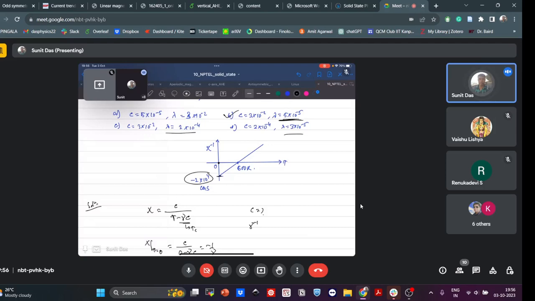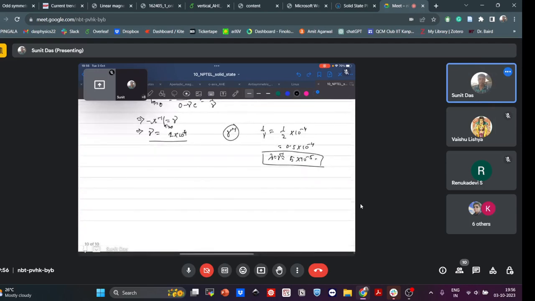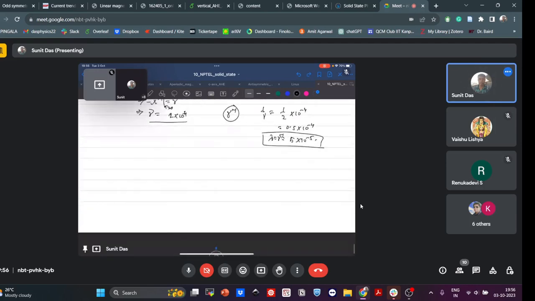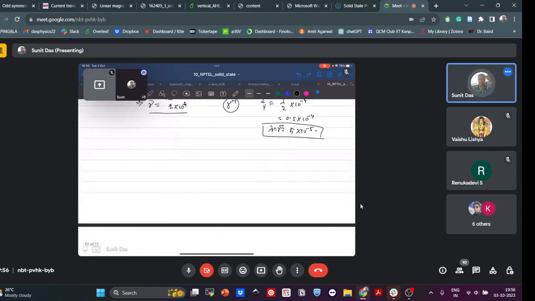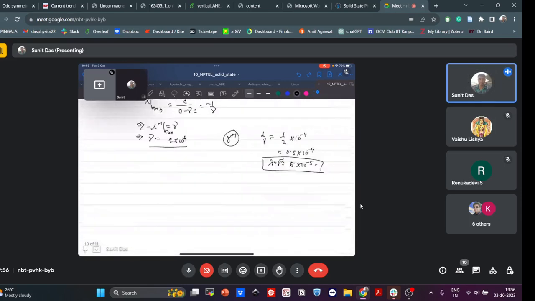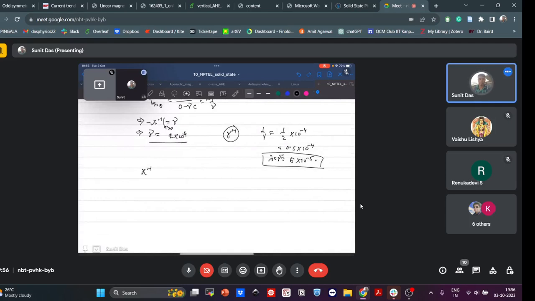But let's also try to find C. How do we find it? We use the second point: chi inverse equals 0 at t equal to 600 Kelvin.